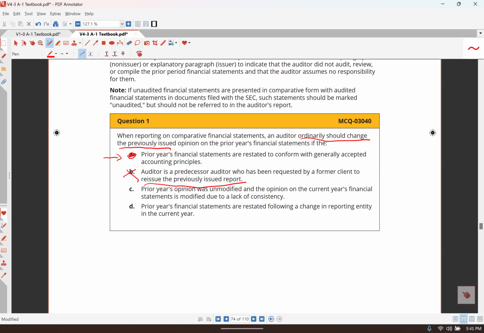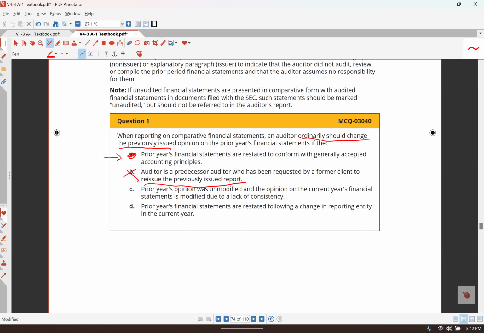Change in reporting entity, I think the more common example is, and I'll tell you a story if you don't mind. I had a former student call me up like 10 o'clock at night one time and say, "I'm sorry to bother you so late, but I'm at work, and we had a client that last year hadn't consolidated a bunch of companies in their financial statements, and this year decided that they wanted to consolidate.